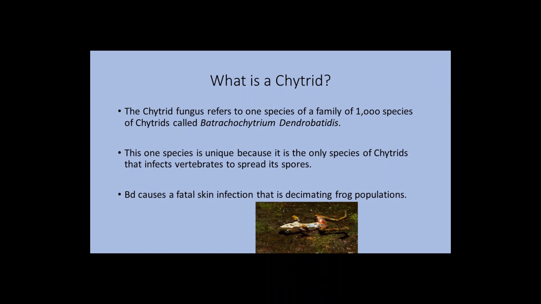But this one species evolved to be parasitic somehow. There are mushrooms that are parasitic and kill trees and stuff, but this one is one of the few parasitic fungi that infects vertebrates.